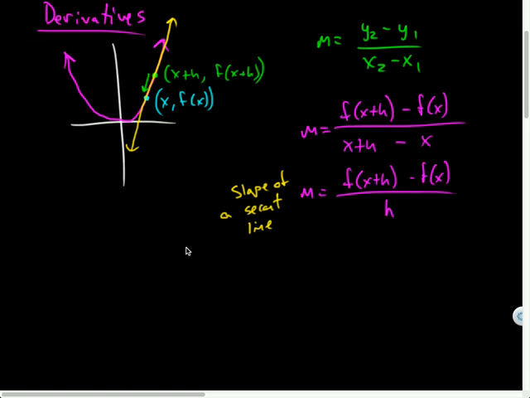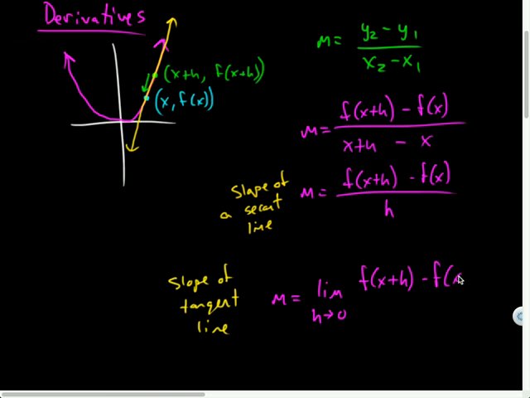So anyways, what if I wanted to find the slope of the tangent line? Well, I'm going to take this equation, and the slope of the tangent line is just going to be the limit as h approaches 0 of this exact thing. f of x plus h minus f of x over h.